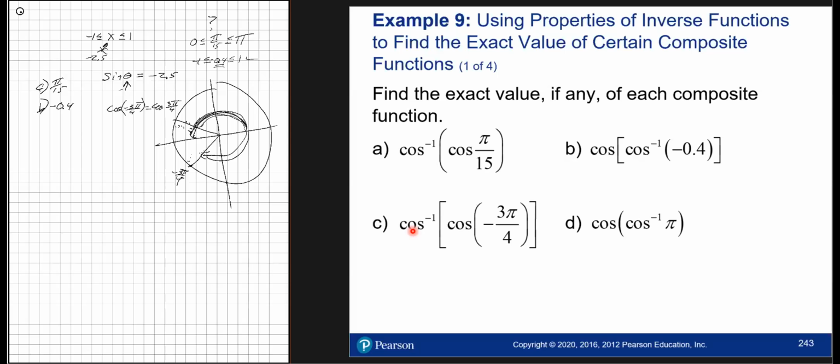Cosine has to be a number between -1 and +1. Pi is approximately 3.14, which is greater than 1. So I can't use it. So on letter D, we get no solution, or undefined, or not defined. The textbook is fond of using the phrase not defined in these cases.